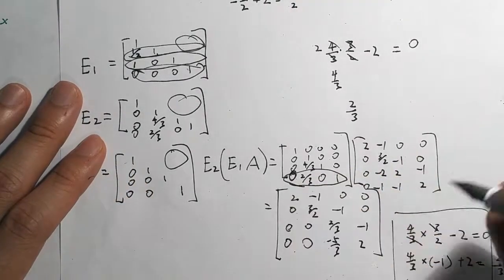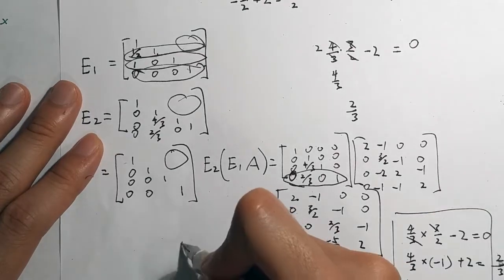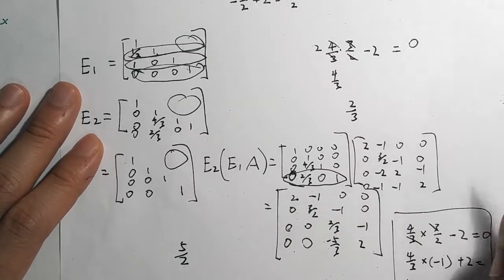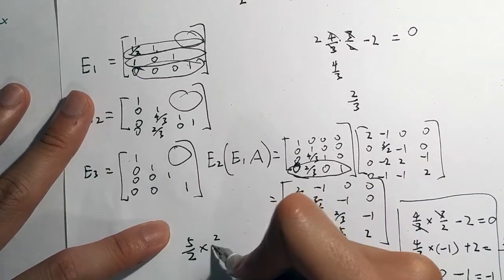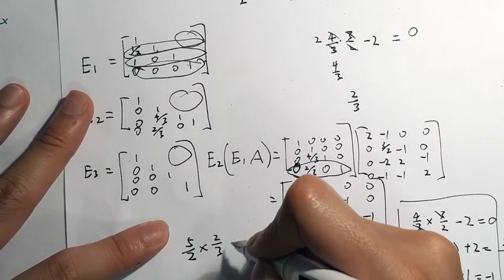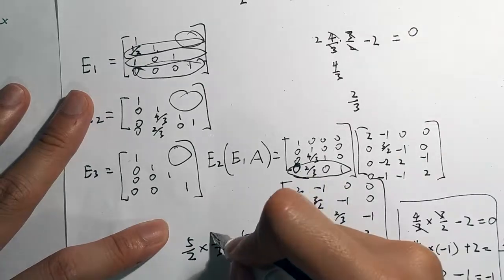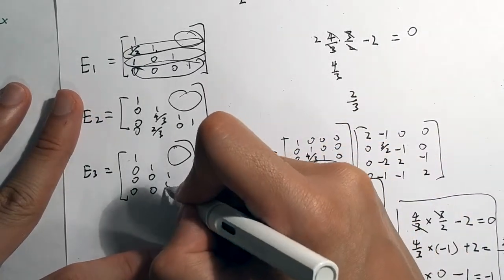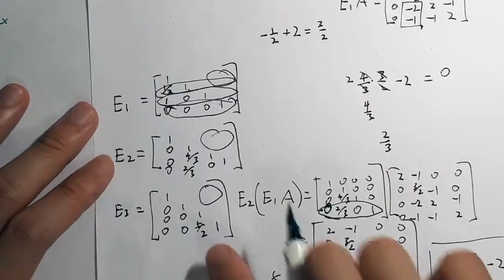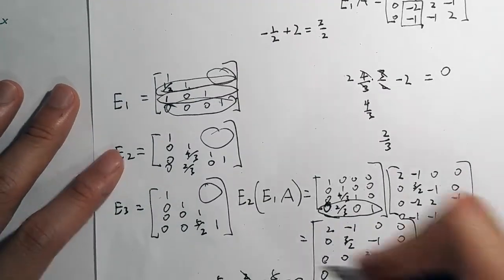So we want to multiply it by 5 over 2. That will become 5 over 2 times 2 over 3. Add that to the last row, gives me 0. So that's what we want. So we put 5 over 2 in here. So that's our last echelon matrix.